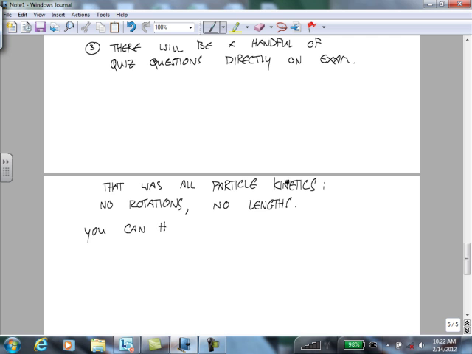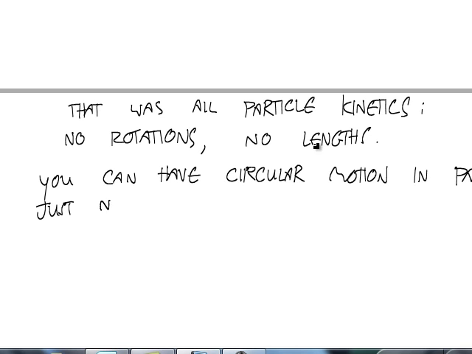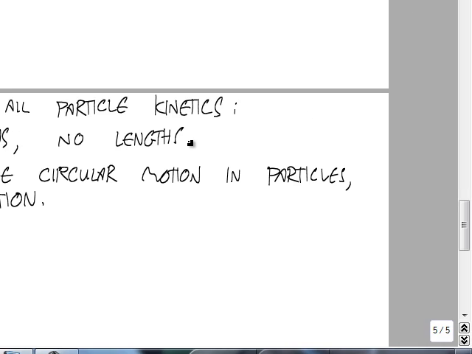You can have circular motion with particles, just no rotation. So what does that mean? Because the circular motion equations are going to come up a lot when we're talking about rigid bodies, and I think it can be a little tricky to separate these two out.